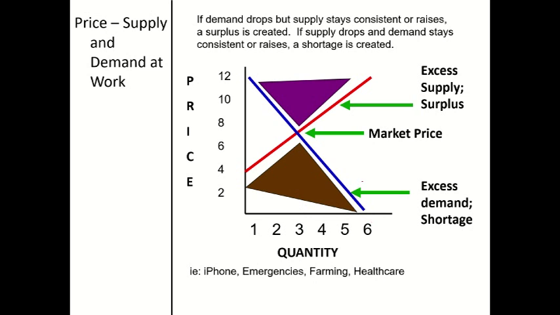So if you're supplying like 6 instead of a quantity of 3, you're going to have excess supply or a surplus. If you're supplying a quantity below 3, like 1 or 2, you're going to have a shortage, and that's excess demand. And you don't really want either. You don't want stock sitting on the shelves, especially if you have perishable goods.